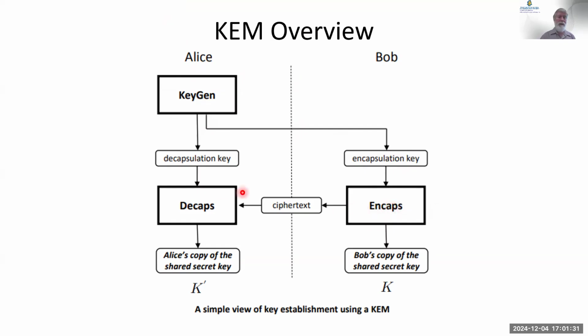One of the outputs he sends back to Alice, and then Alice takes that with the decapsulation information, runs it through the decaps, and that creates the shared key. Bob also has the identical shared key. So both of them have the key. It's exactly the same key.